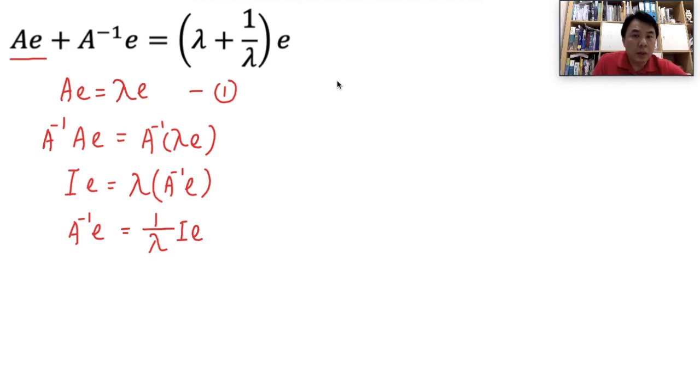So I'm going to write down this special identity. We know that AE is lambda E, and we should also recognize that for the identity matrix, its eigenvalue is 1 here. So this is the second identity that you must remember.